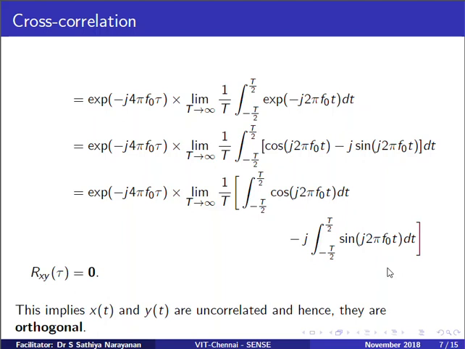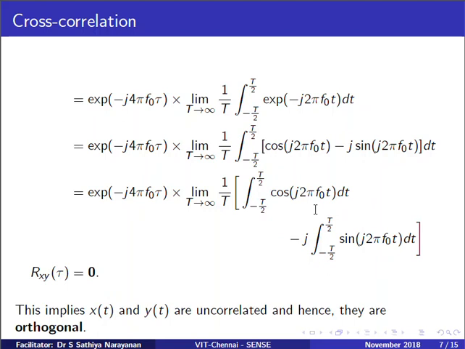So the Rxy is 0. How we get 0 is, here there are two integrals. First there is an integral on a cos. Integral is basically area under the curve.